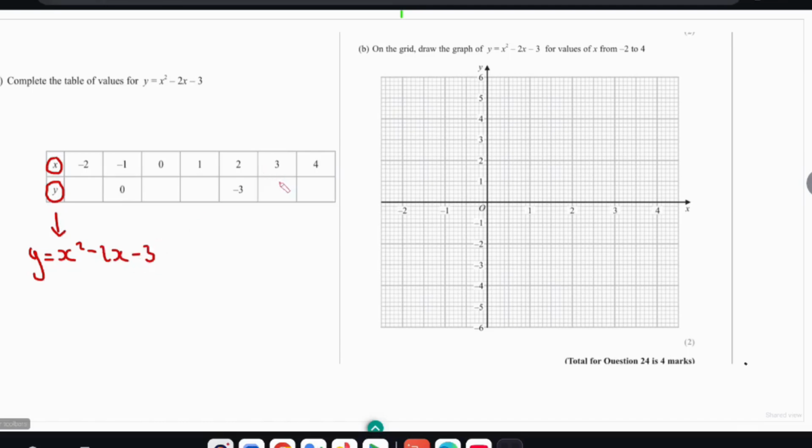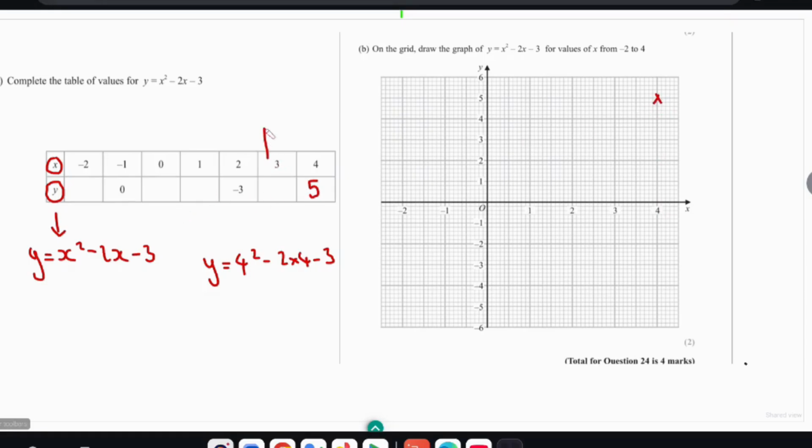So to work out the y values, we've got to sub in these x values into this equation. So let's put 4 into the equation. I would just type it into my calculator. So 4 squared minus 2 times 4 minus 3, 5. And x is 4, y is 5.